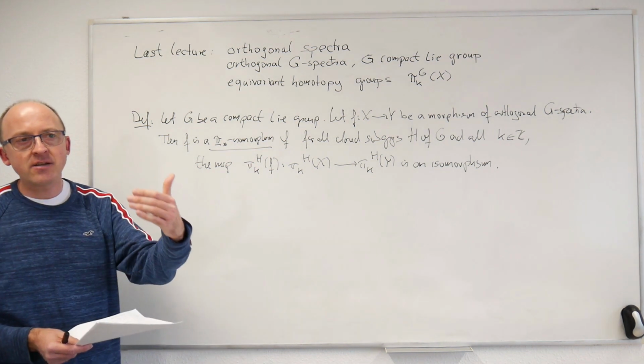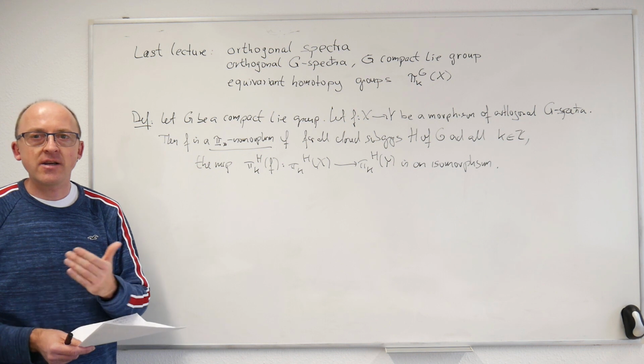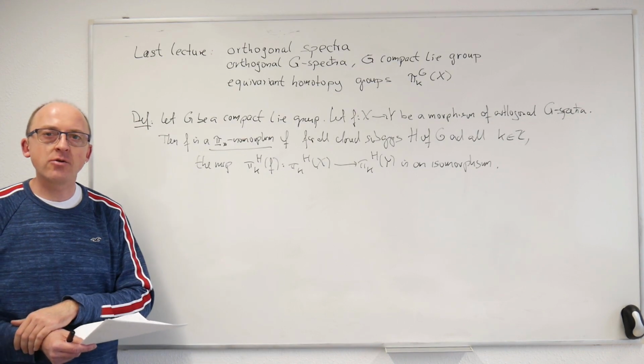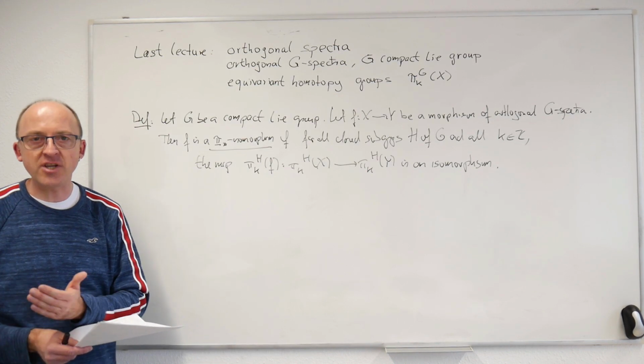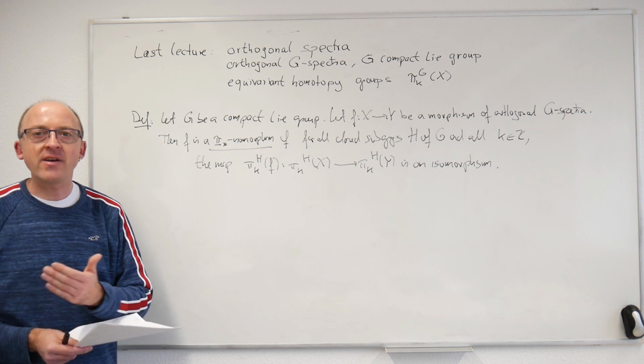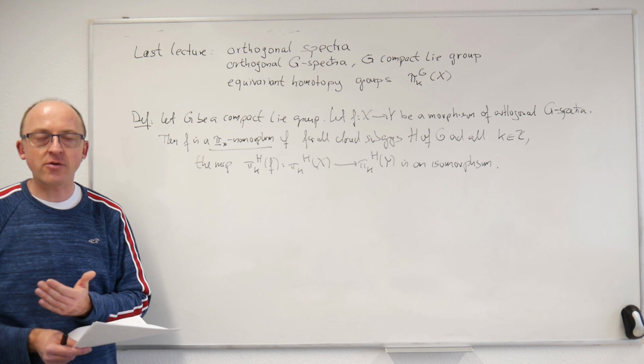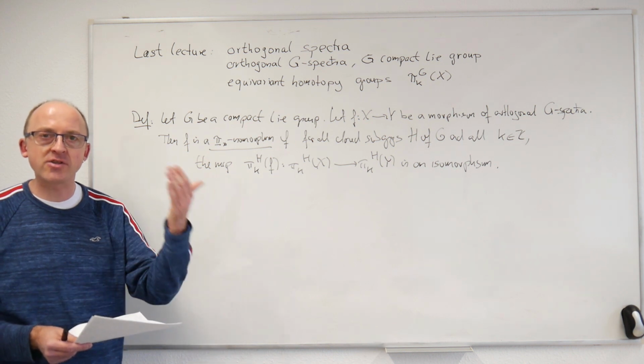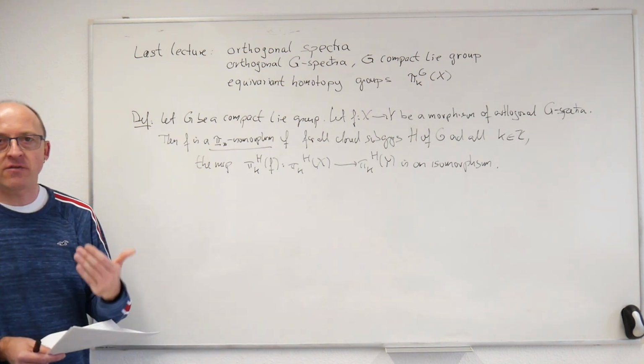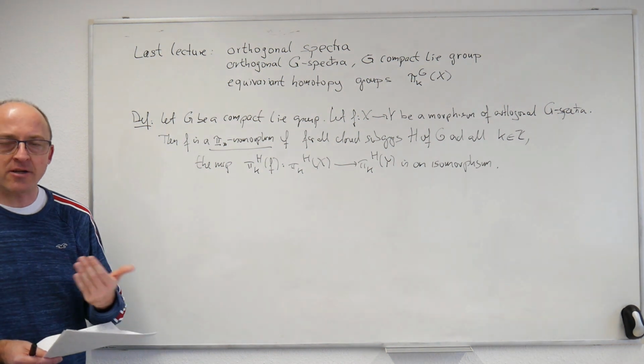If I just had a single G and its subgroups H, then I could pick the complete universe for G once and for all, and then take the restrictions to the closed subgroups as my chosen complete universes for H. This would work, because if you restrict a complete G-universe to an H-universe, it's going to be complete.